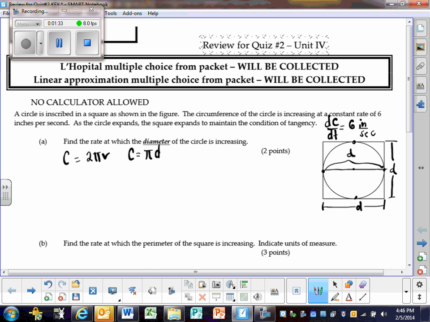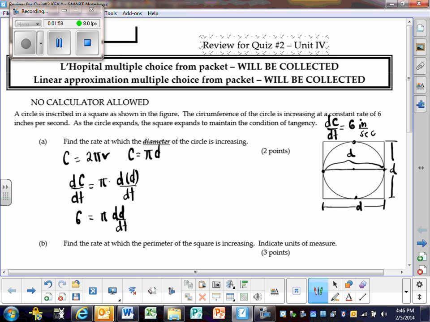Now, if I take the derivative of the diameter version, that would read the derivative of circumference with respect to time is pi times the derivative of diameter with respect to time. Substituting into that equation 6 for the change in circumference equals pi times the change in diameter.